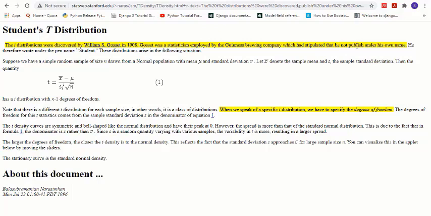Well, I'm not sure if it was forbidden before, but there were some restrictions. He could not just publish under his own name. So he therefore wrote under the pen name Student. That is why it is called student's t-distribution. Okay, and that is the formula, which later on we will talk about, inshallah.